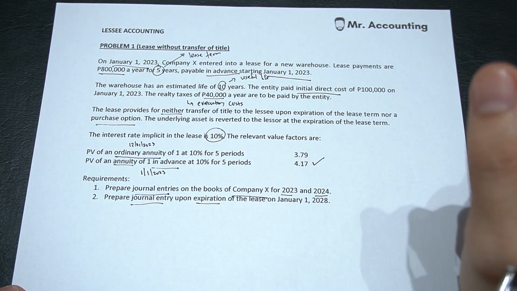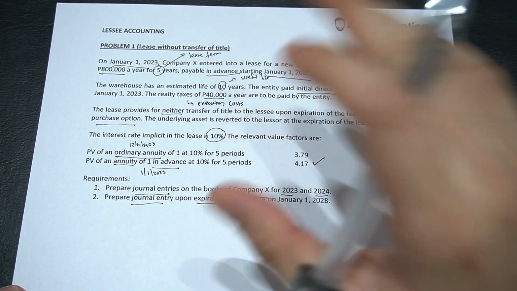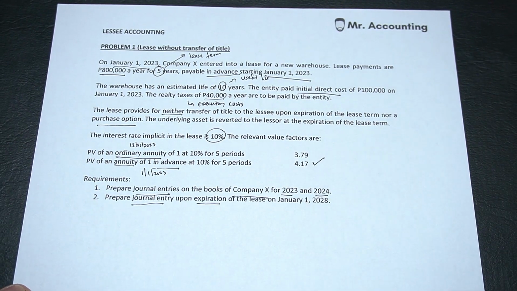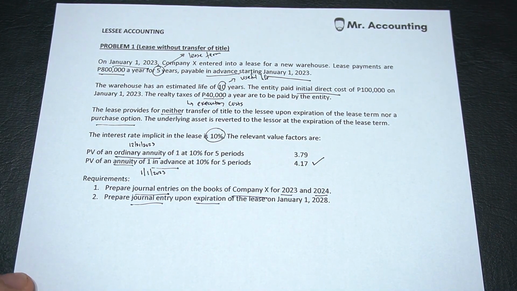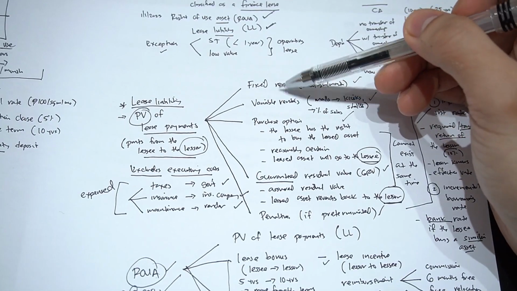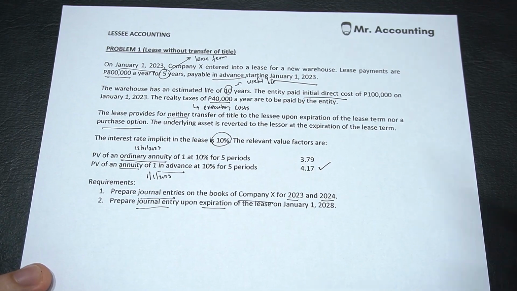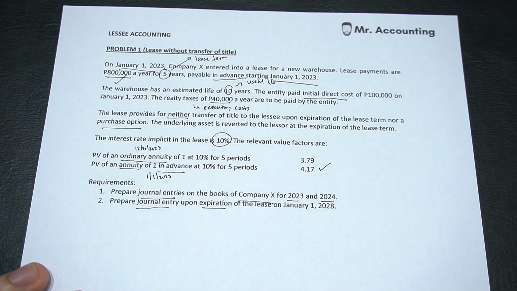Alright? So first thing we have to do kapag lease is to compute for the lease liability. And lease liability is just the present value of the lease payments. Tama? So ito yung lease payments natin. Right? And for problem number 1, yung relevant sa atin is yung 800,000 a year.